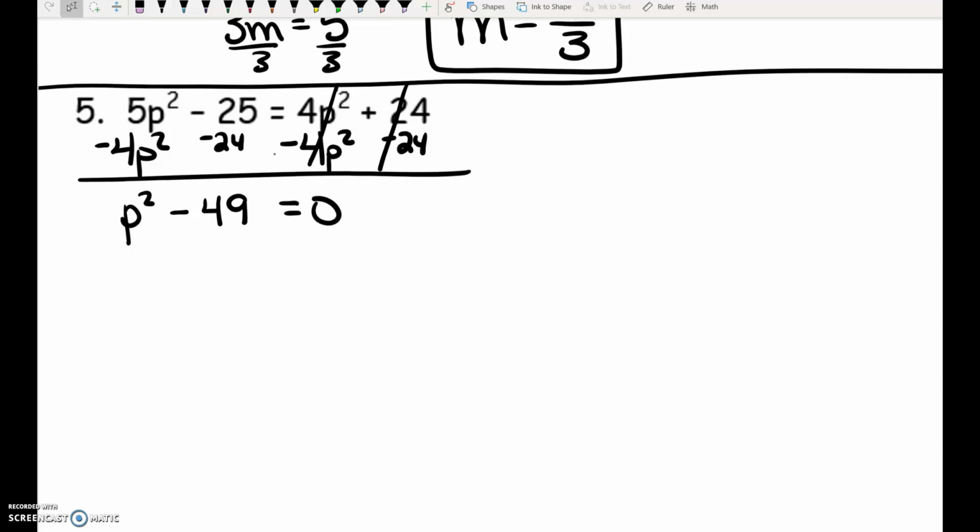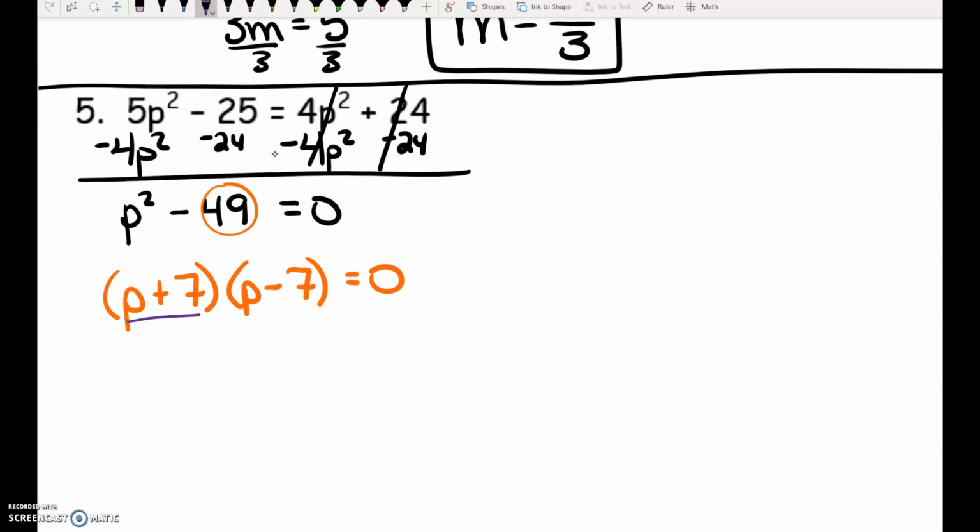Okay. Do these two terms have anything in common? No. Is this a trinomial or a binomial? This is a binomial. It's only 2 terms. And do you see anything interesting about this number right here? It's 7 squared. So this factors into p plus 7, p minus 7 equals 0.